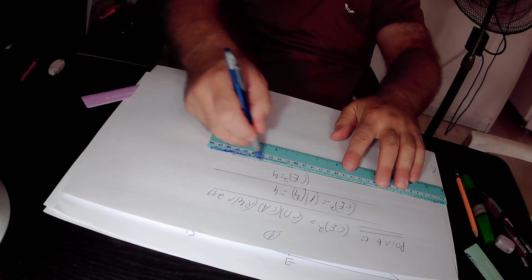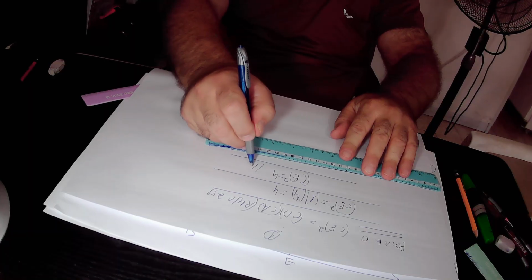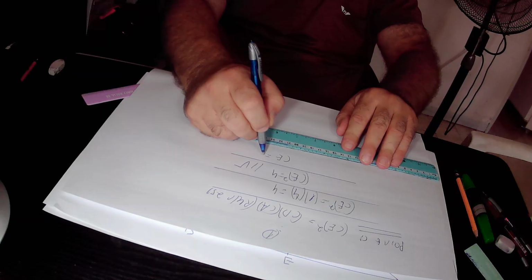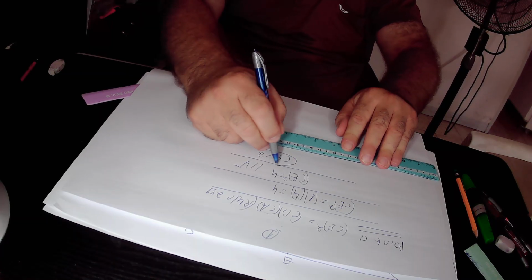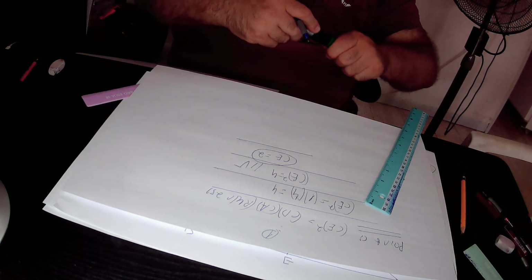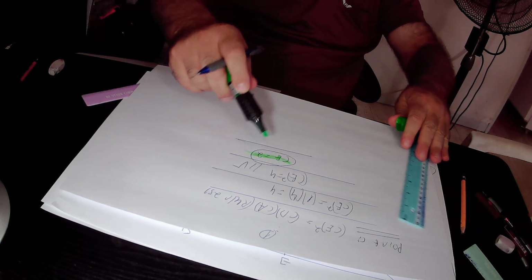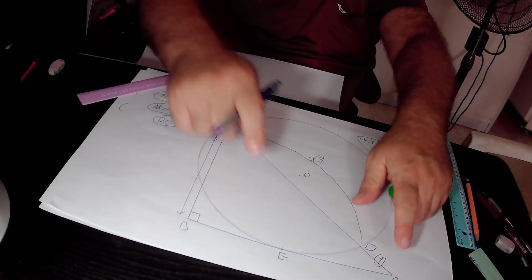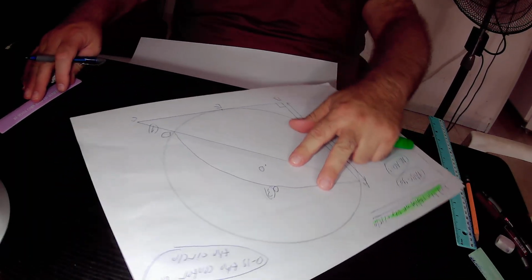Here we'll take a root out of this equation, and we get that CE, tangent CE, equals 2 units in its length. So actually, this is tangent CE, that equals 2 units in its length.